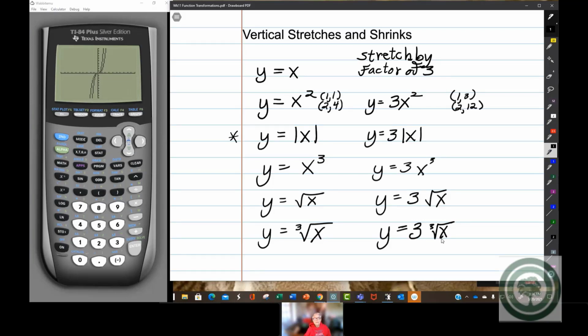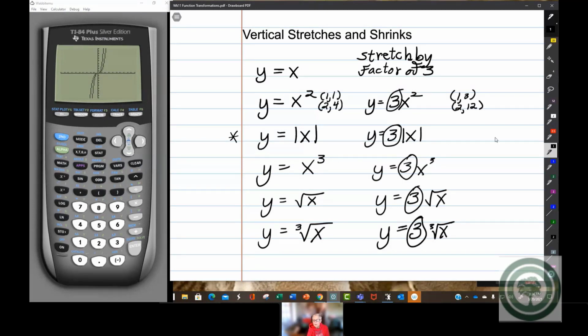Well, if you can stretch them, you can shrink them. Well, let's talk about what it is that stretches the graphs of the functions. Well, the number in front of the function is a number greater than 1.